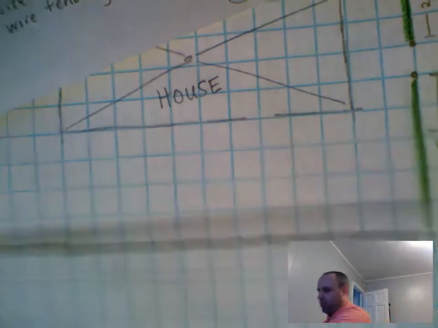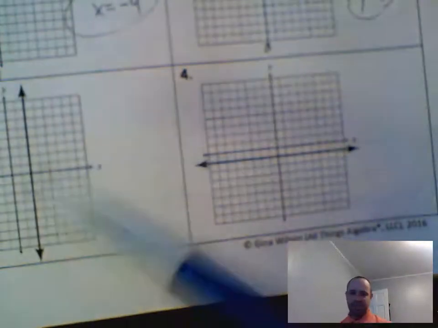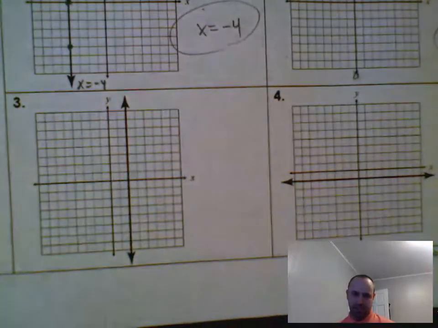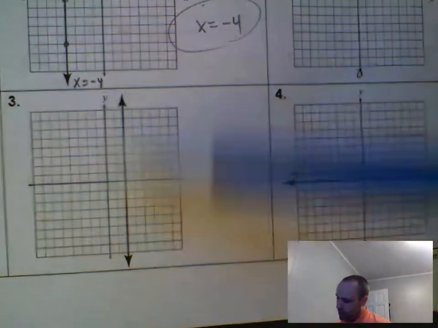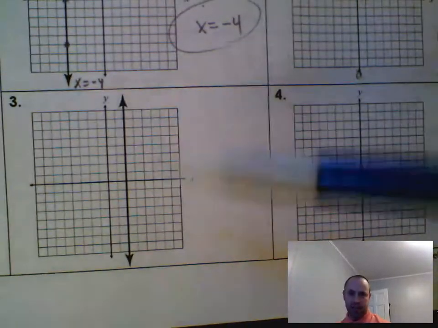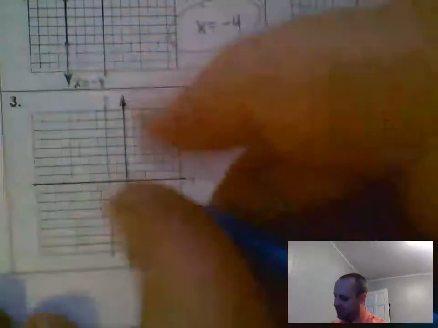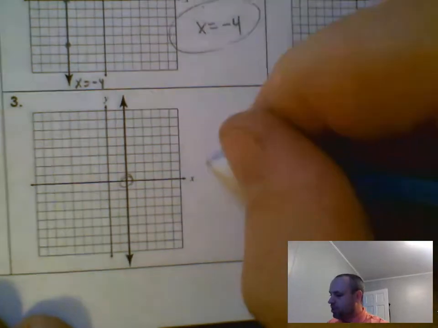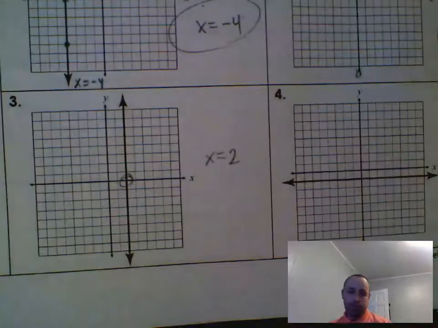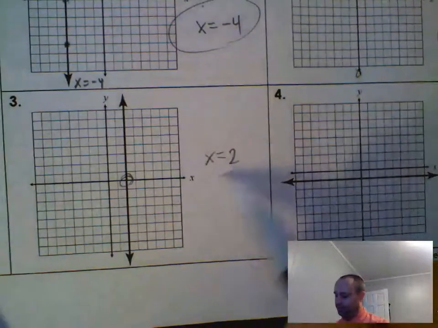Where does this line here for number 3 intercept something? Well, it never intercepts the y-axis, right? Never crosses that. But it does intercept the x-axis right here. So x equals 2. So maybe that's a simpler way to think of it.